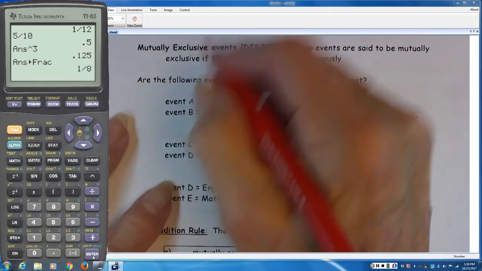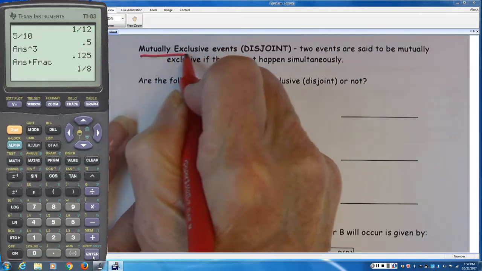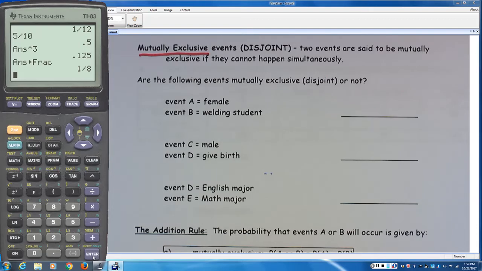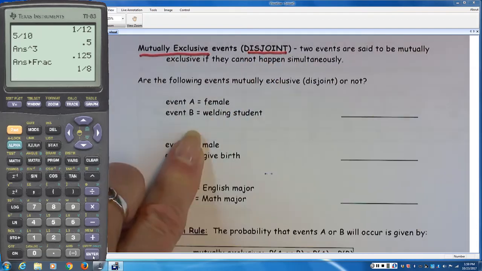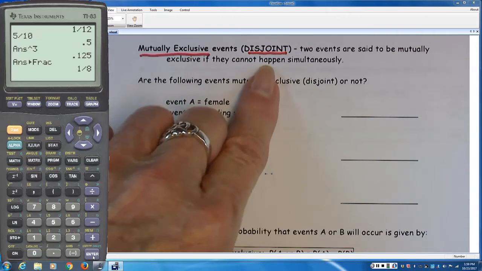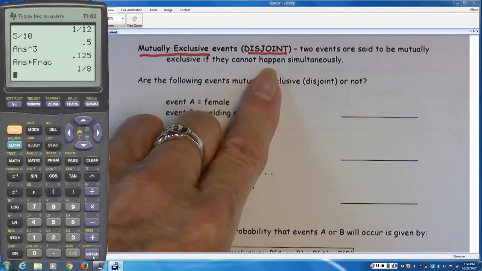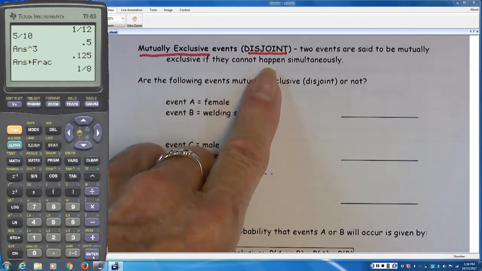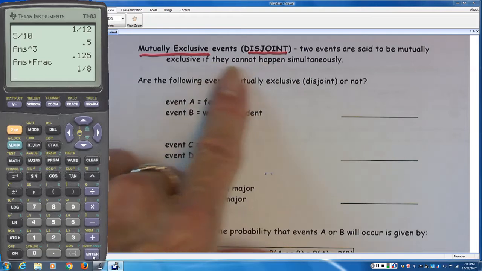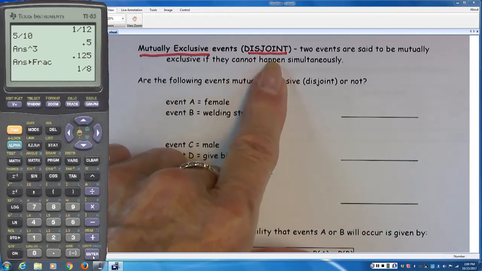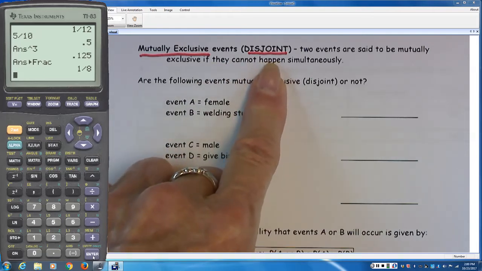Mutually exclusive events, which are also referred to as disjoint events, are things that cannot happen at the same time. Okay? If 2 events are mutually exclusive, they are guaranteed to be dependent.